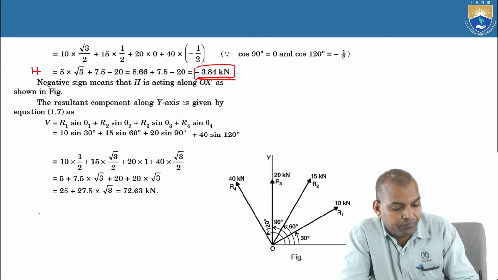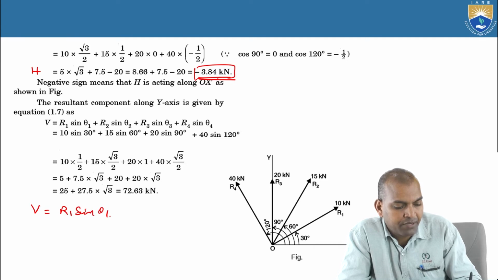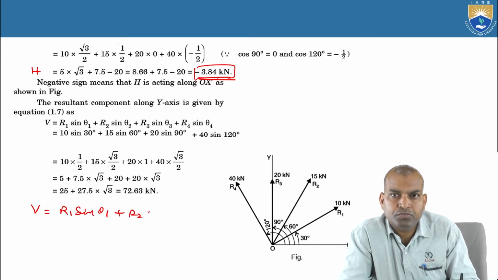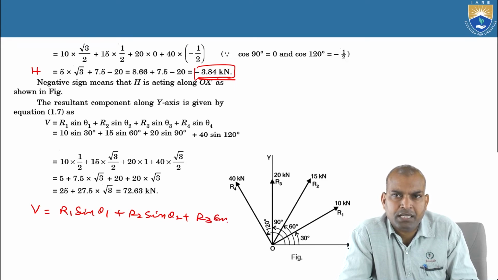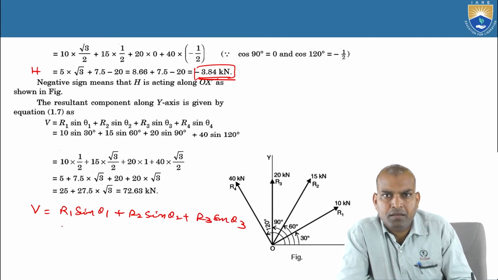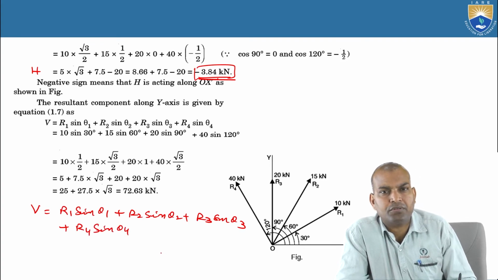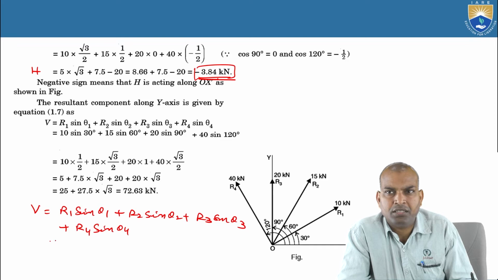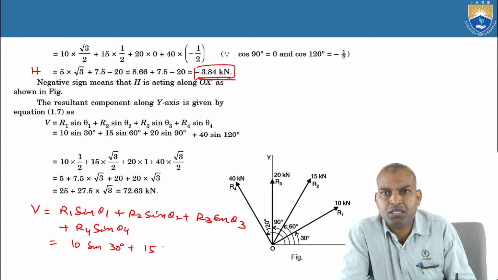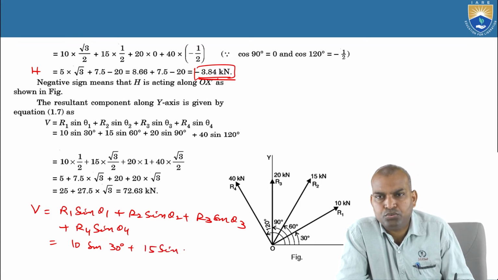Whatever the V value, the value of V equal to R1 vertical term sin theta 1 plus R2 sin theta 2 plus R3 sin theta 3 plus R4 sin theta 4. Here R1 equal to 10 sin theta 1 30 degrees, R2 15 kilonewtons, sin theta 2, what is the sin theta 2?